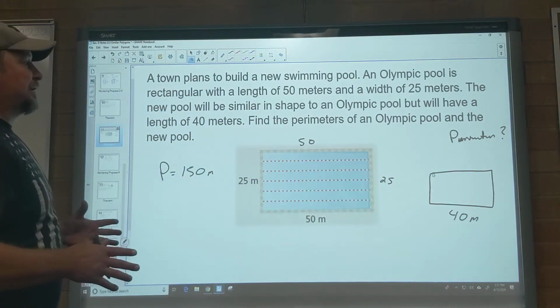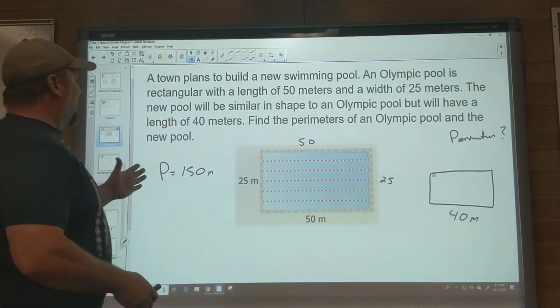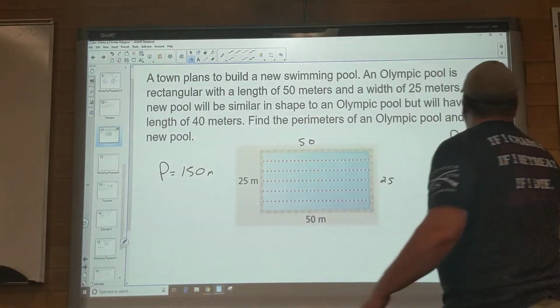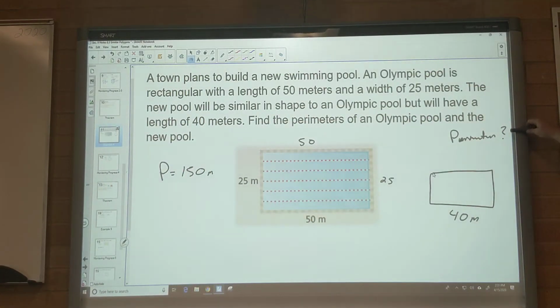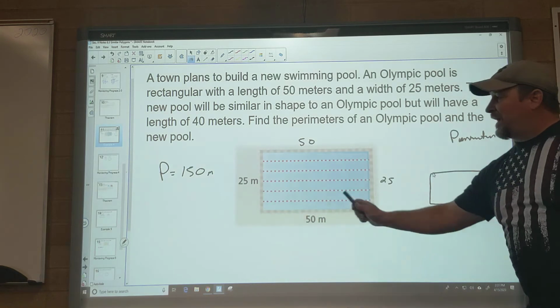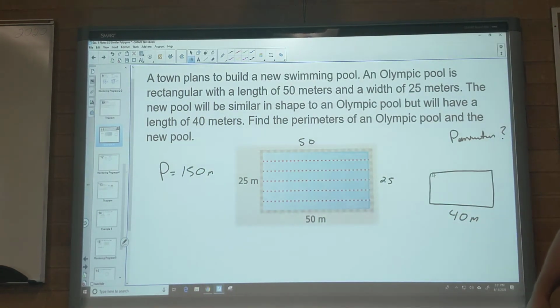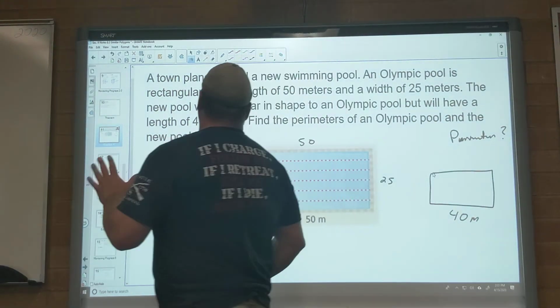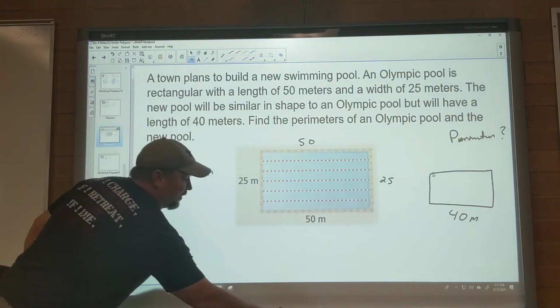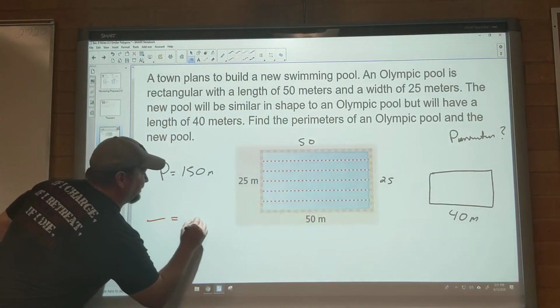Okay, so now here's how it's going to work. We have the perimeter of the one shape. We're looking for the perimeter on our shape. We have a length and we have a length. Those are the numbers we're going to be able to use to find our perimeter. So watch this. This is as slick as it gets. I'm going to go a fraction equals a fraction.